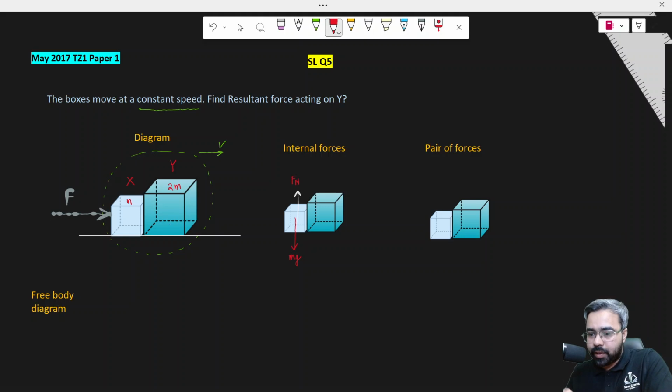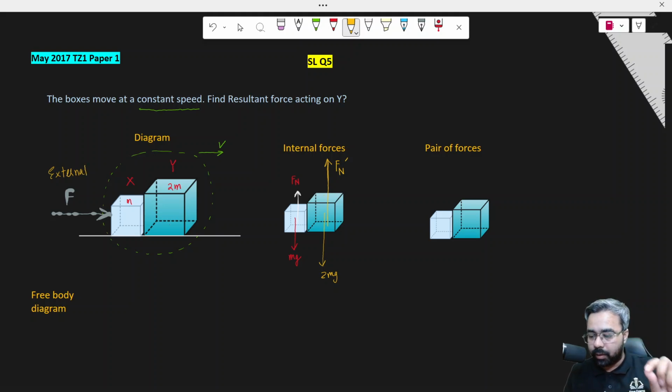Now the second mass, box Y, has twice the mass, so it must have 2 times more force of gravity, and that is equal to this upward force applied by the floor. So this is equal to 2mg. These are the internal forces, and this is the external force which is applied on the whole system.